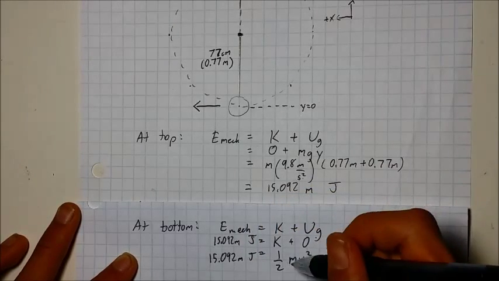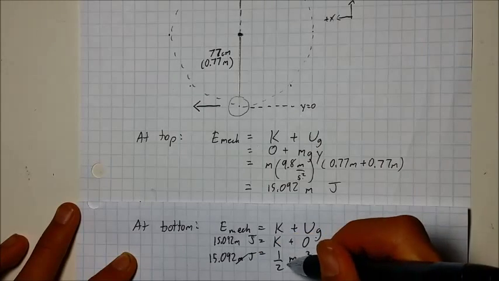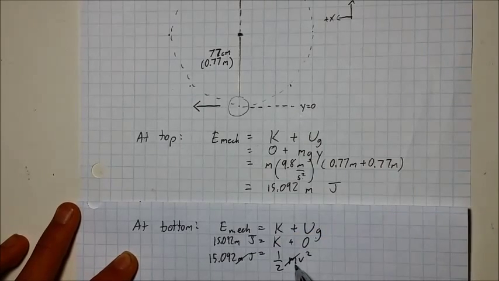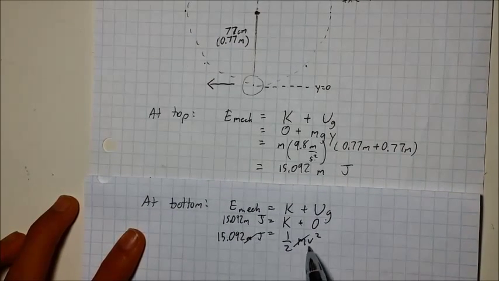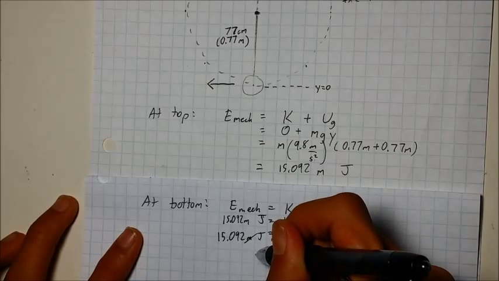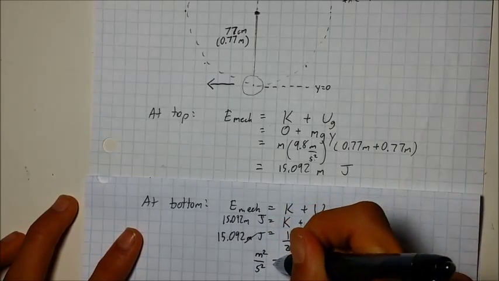And we can see that we can cancel or divide out m on both sides. M, if we say that was kilograms, we can also change this unit, since we divided by m on both sides. Joules becomes meters squared per second squared.